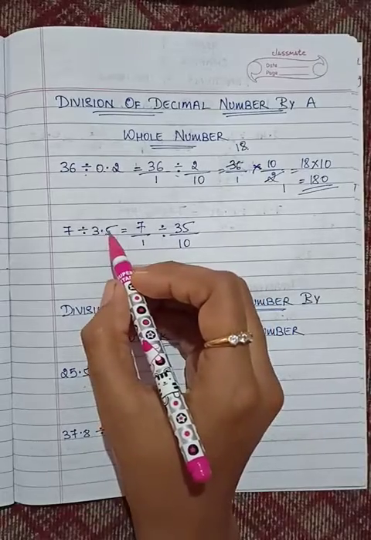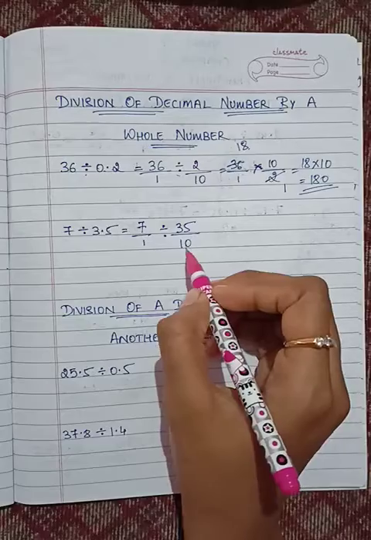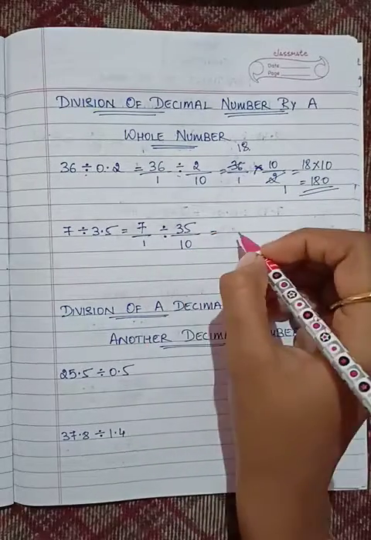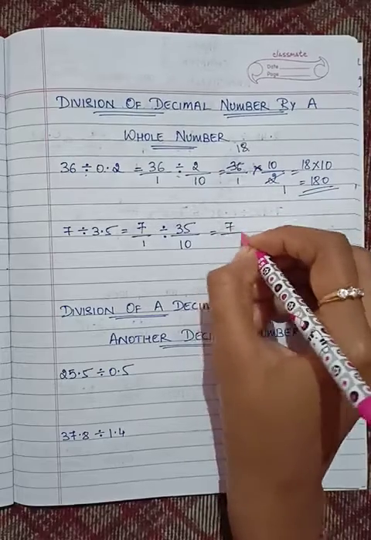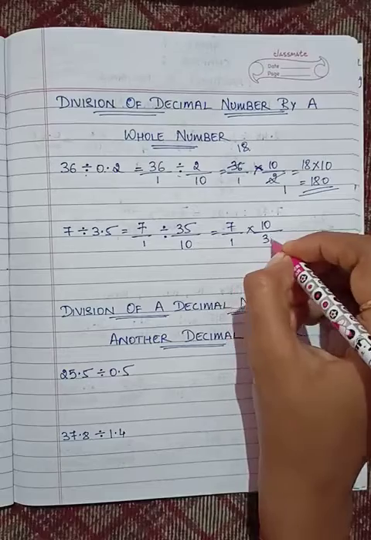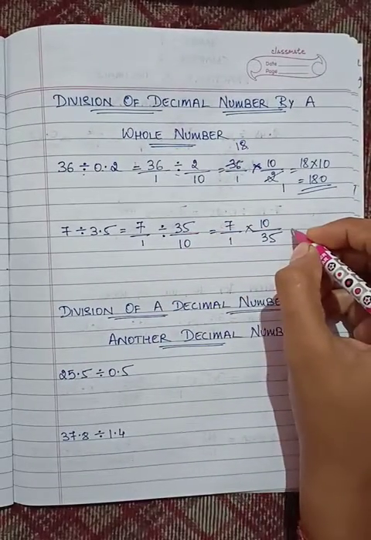So there are two digits here, ones and tenths, including the decimal point. So I have written it as 10. Now I have to convert this division symbol into multiplication. How do I do that? Yes, I reciprocate the second number here, the second fraction.